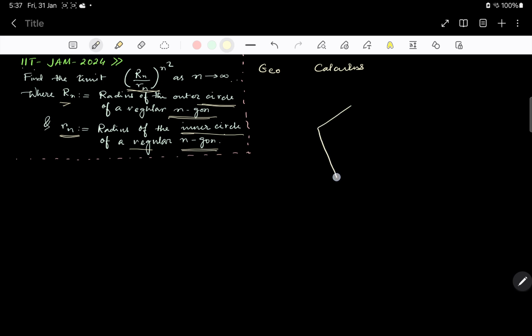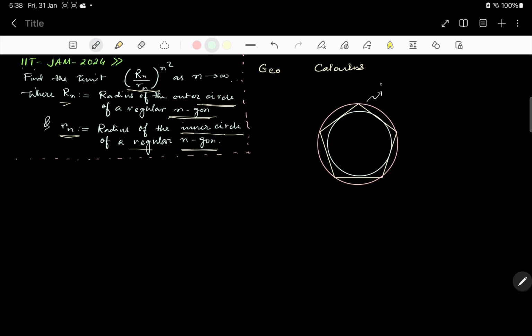Just a moment. This is how a pentagon should look. This red circle is the outer circle of this regular pentagon, and this green circle is the inner circle of the regular n-gon, or the pentagon, whatever you can say.